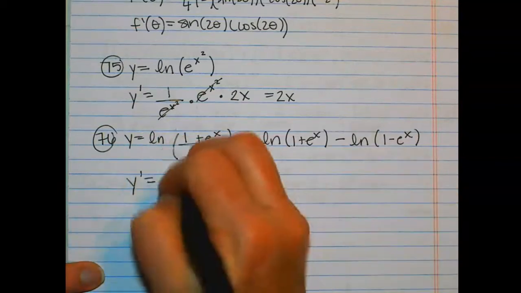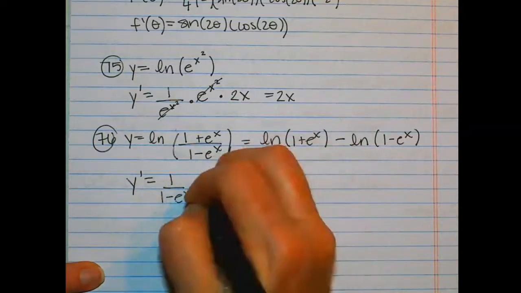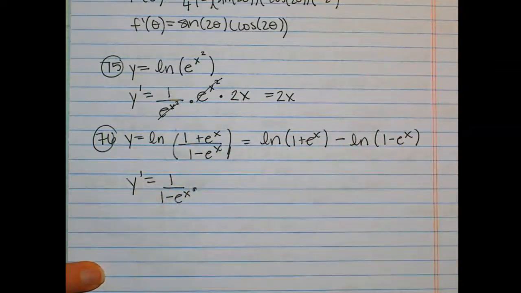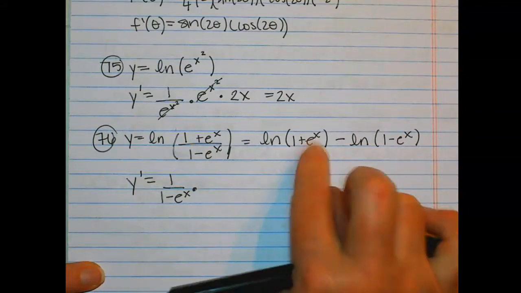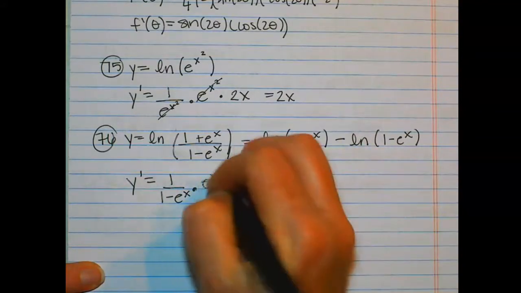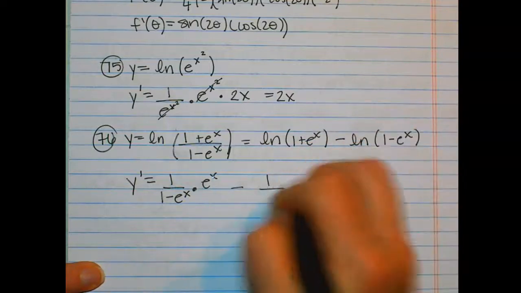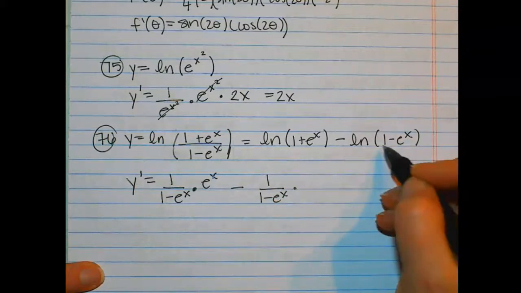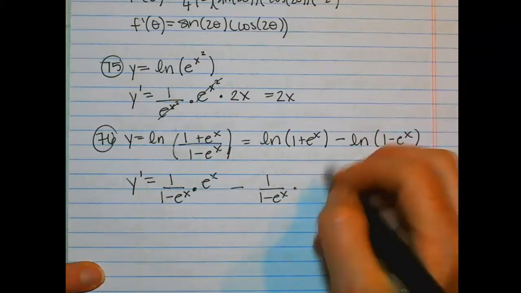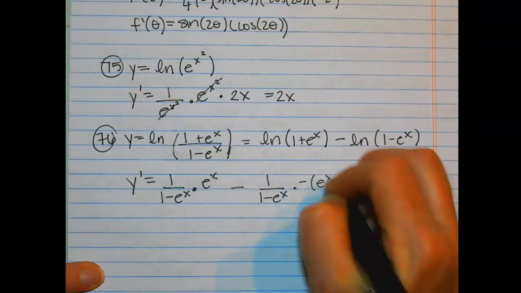equals 1 over the argument, 1 minus e to the x, times the derivative of the argument. So this is 0, and the derivative of e to the x is e to the x. Subtract 1 over the argument times the derivative of the argument, this is 0, minus e to the x. So it's negative 1 times e to the x.